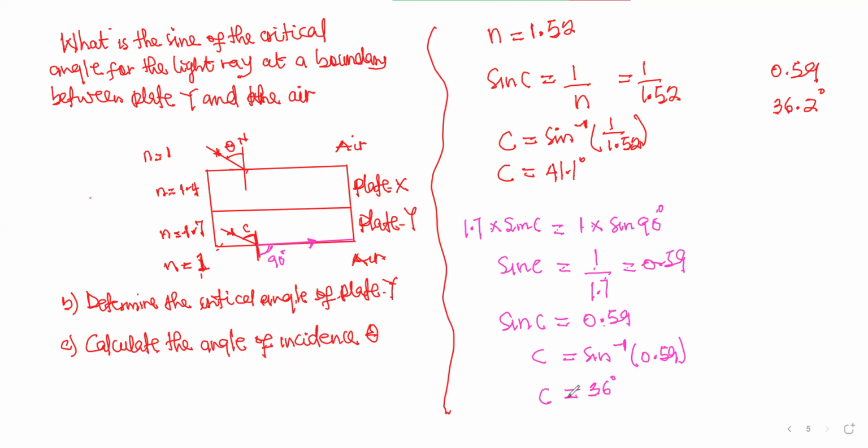Sir, when I entered it into my calculator, I got 36.03. It depends on how you took it. You see, 1 divided by 1.7 is a lengthy value, but we approximated it to 2 decimal places. That is why we had 36.2, and perhaps you used the whole value.